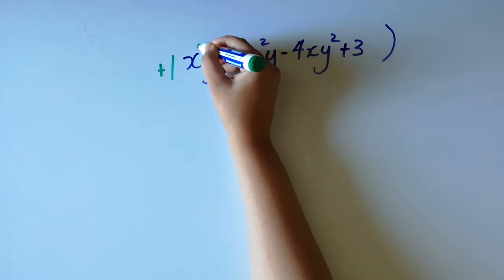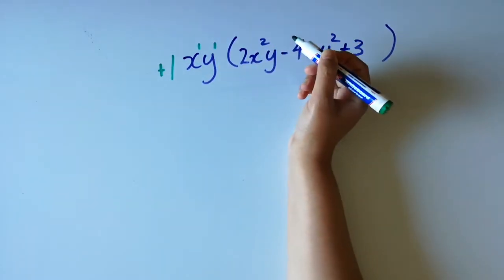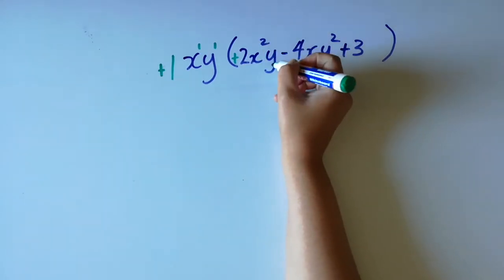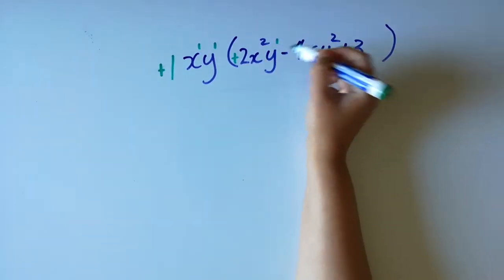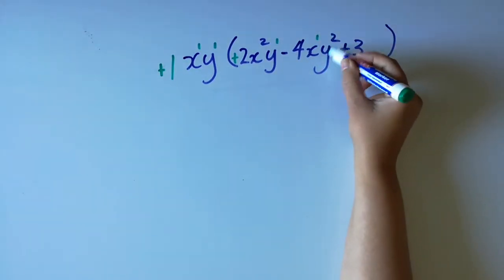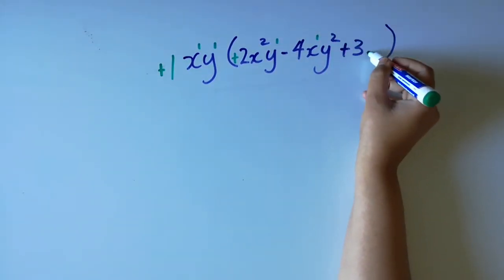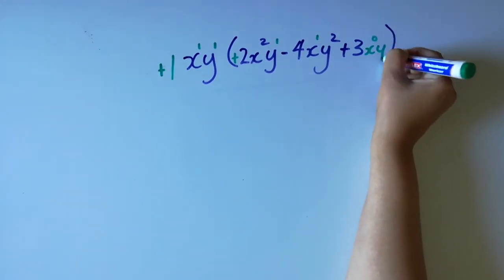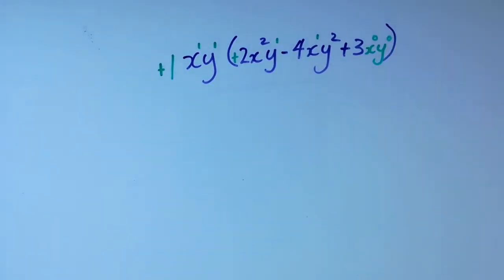It's x to the power 1, y to the power 1. There's a plus here, 2x squared, y to the power 1. Minus 4x to the power 1, y squared, plus 3. There's no x, there's no y. So it's x to the power 0, y to the power 0.